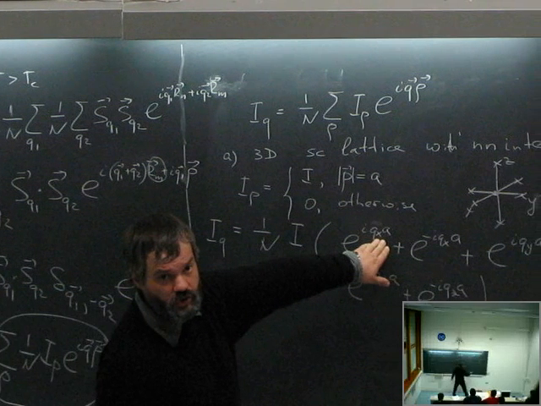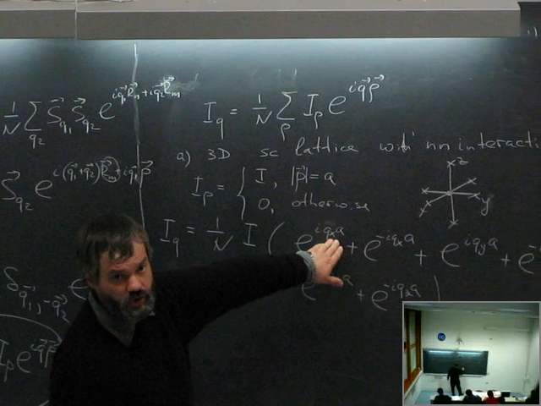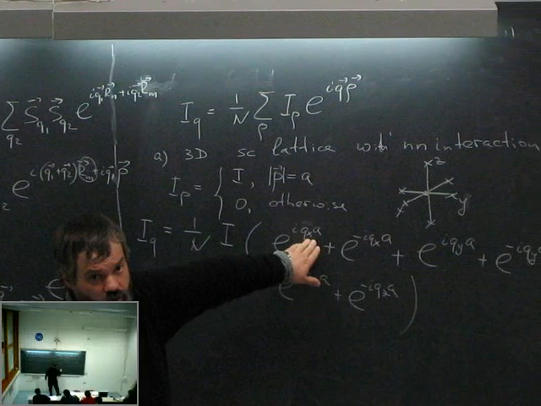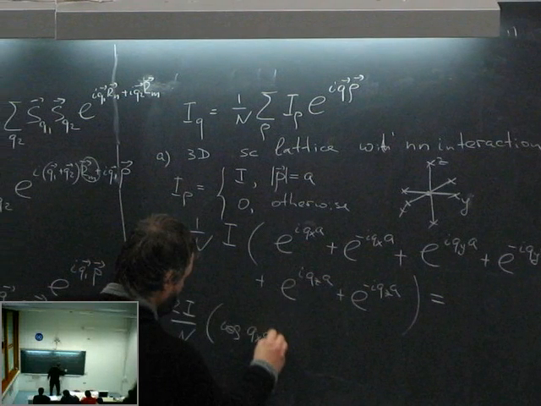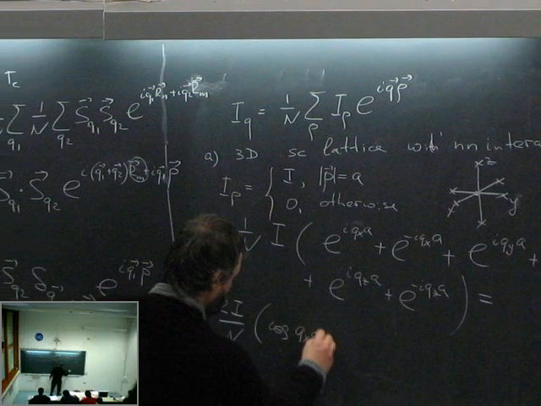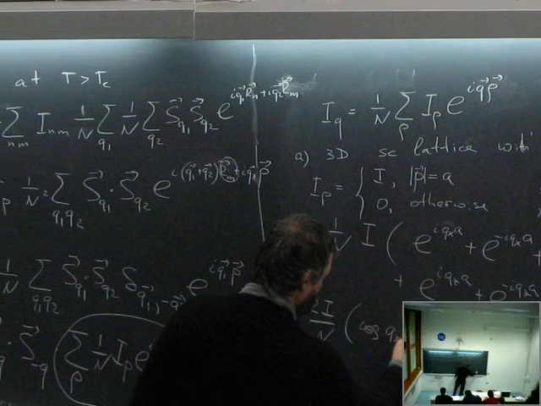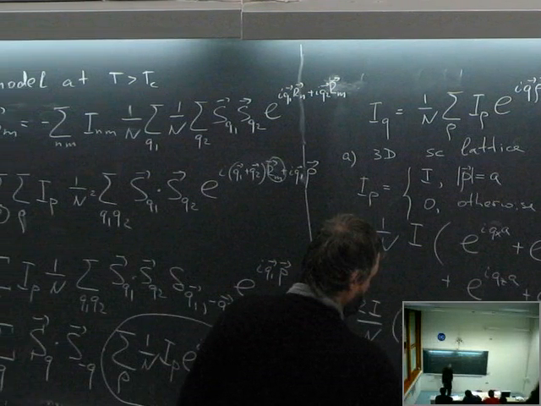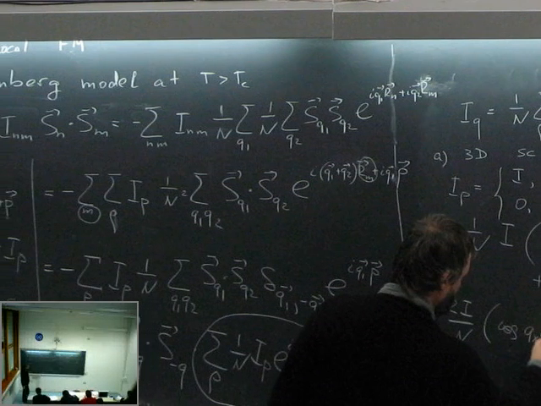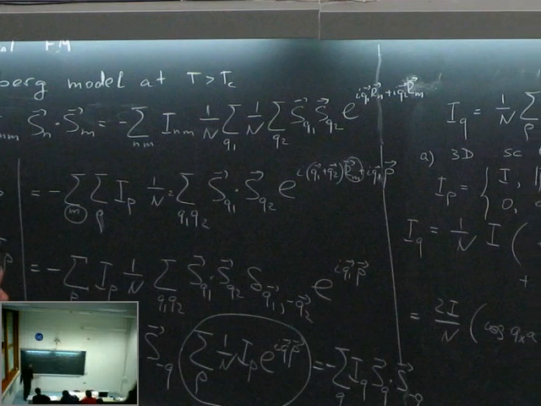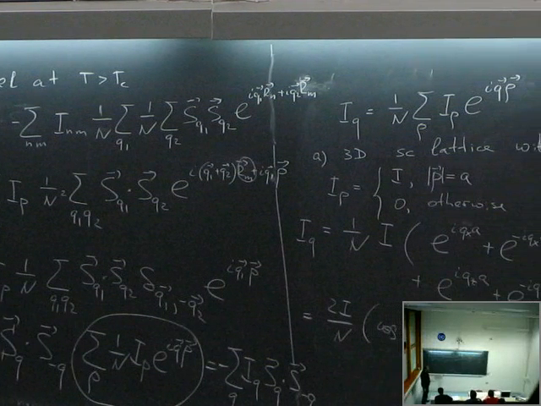So simplifying this formula, I can write down that it is equal to 2 times I over N, and here there is cosine q_x a plus cosine q_y a plus cosine q_z a. I will use the form of this exchange integral later.